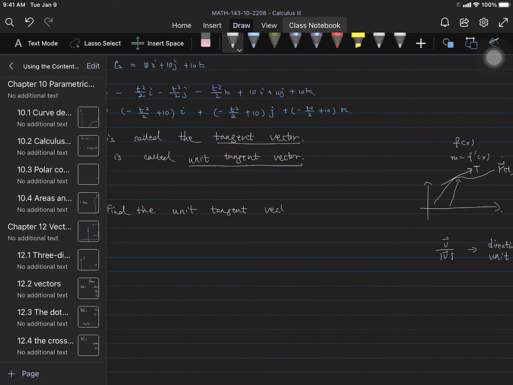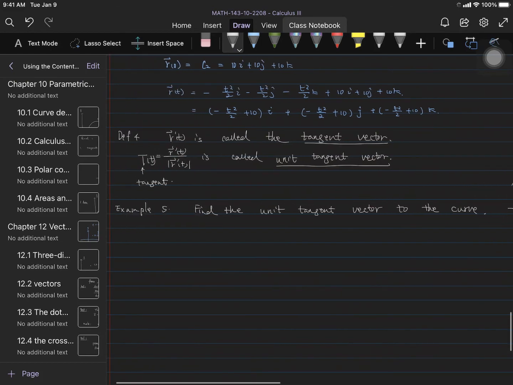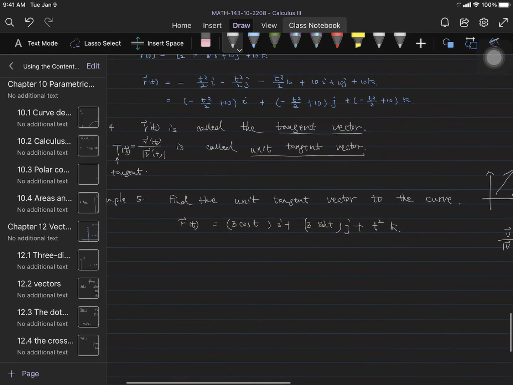The curve is given by r(t) equals 3 cosine t i plus 3 sine t j plus t squared k. Okay, so this is r(t). So what is the unit tangent vector? Firstly, let's find the tangent vector.